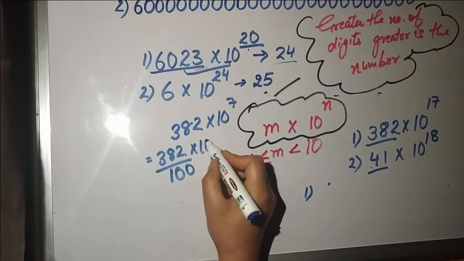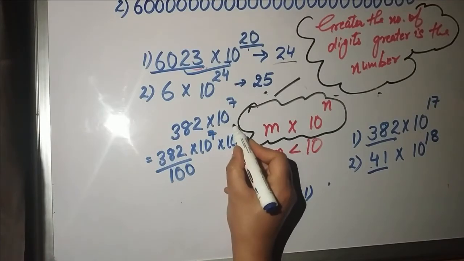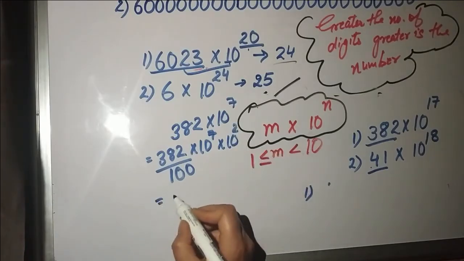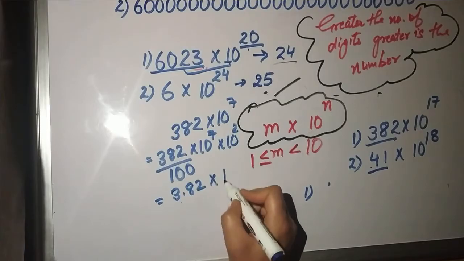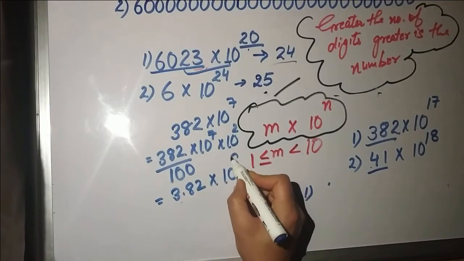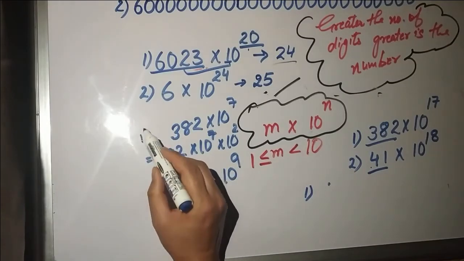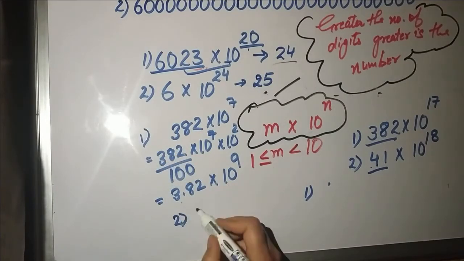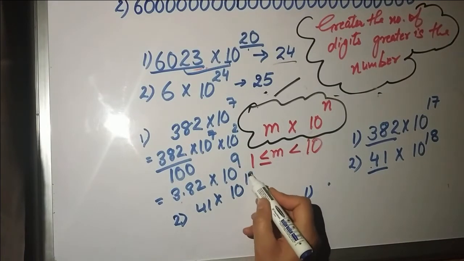But if I am dividing this number by 100, I must multiply it with 100, which is 10 raised to power 2. So this will become 3.82 into 10 raised to power 19. So this is your first number, and your second number is 41 into 10 raised to power 18.